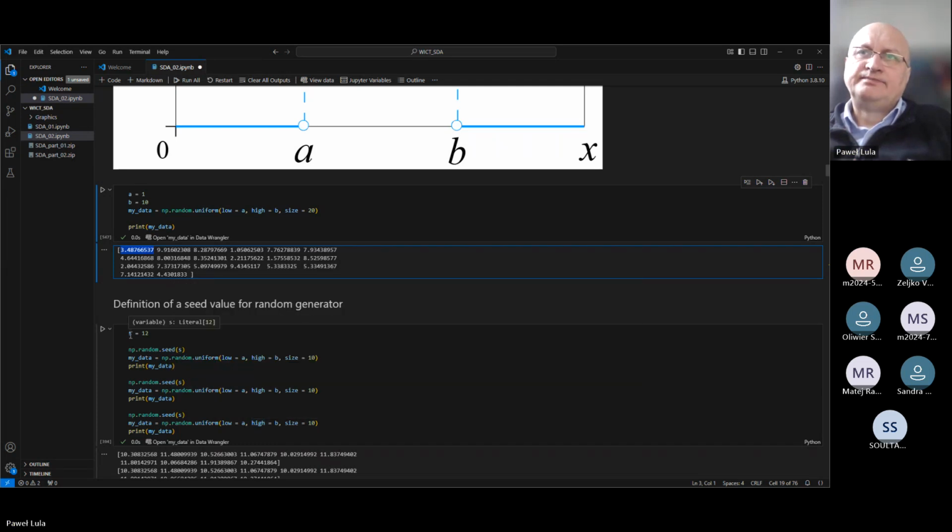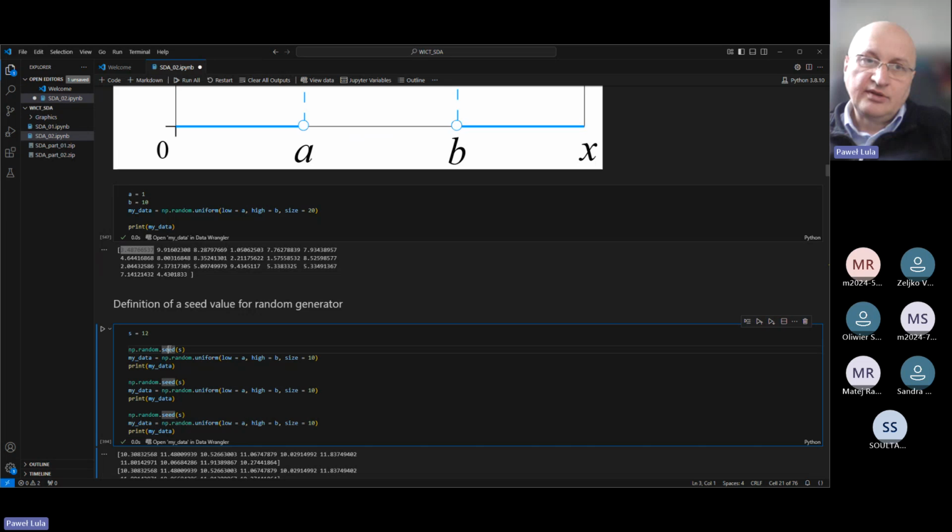I have in this program this S variable, and it is a seed value. I want to use this value as a seed. And when I want to define this seed value, I should use this seed command.